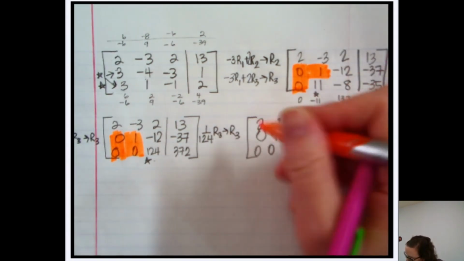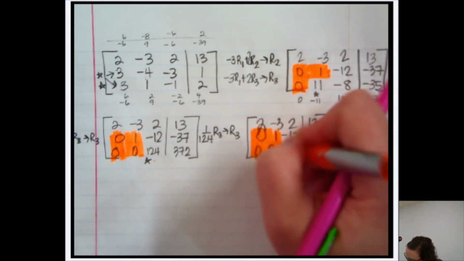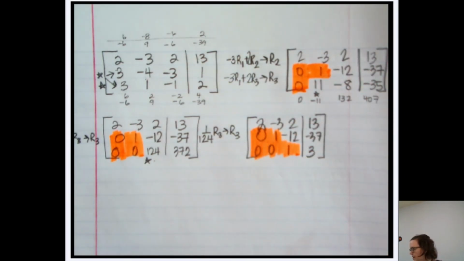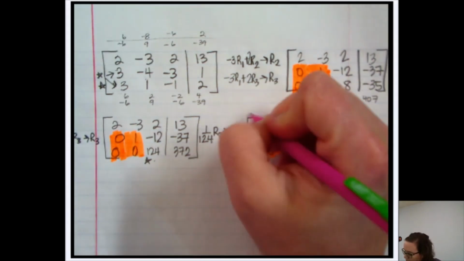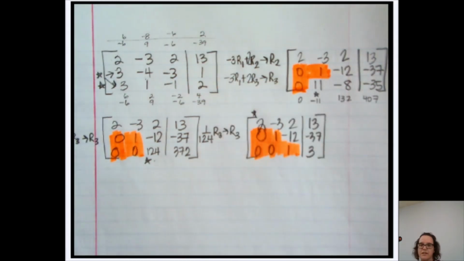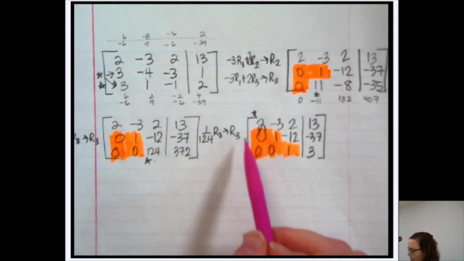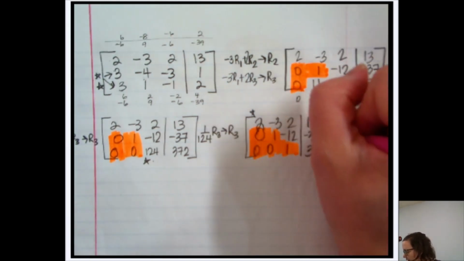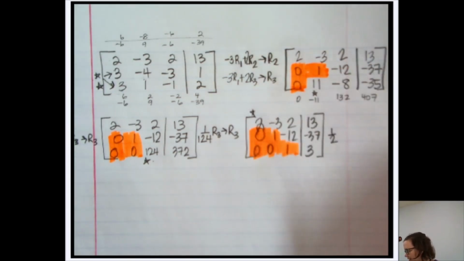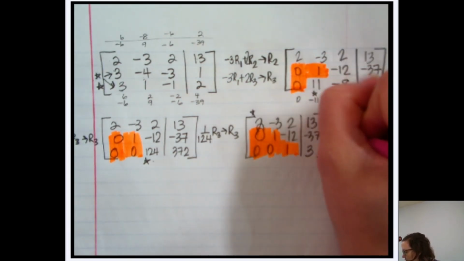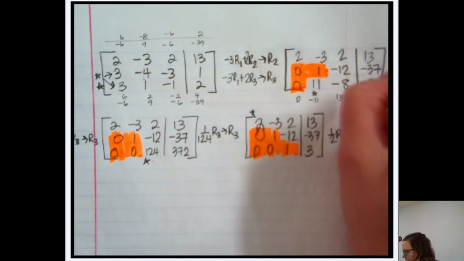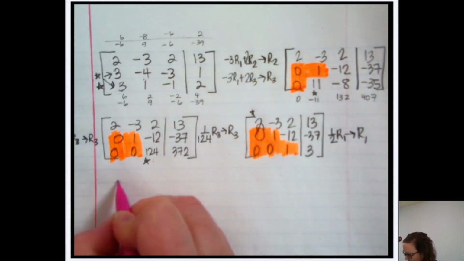So right now, we are here. And our last step, if you want to be in row echelon form, is just to get that 2 and make it a 1. Okay? And so how do we get 1s? We just divide or multiply, in this case by a half. So a half of row 1, and I'm going to replace row 1.